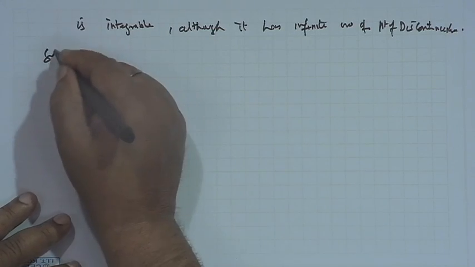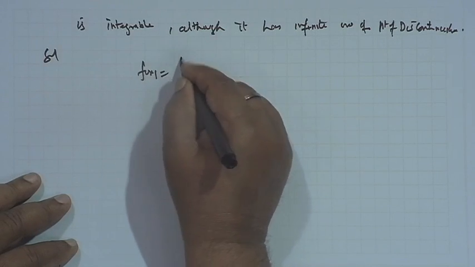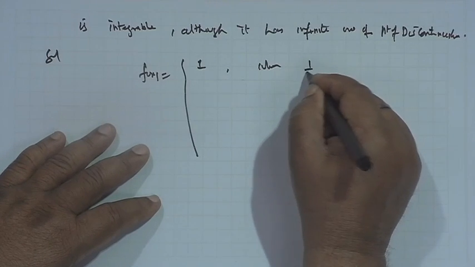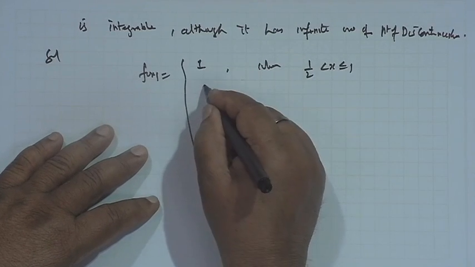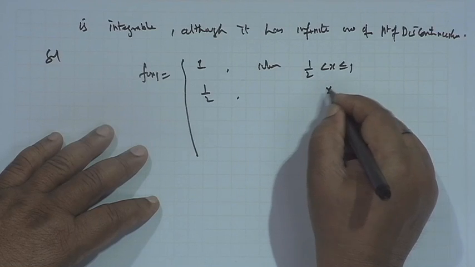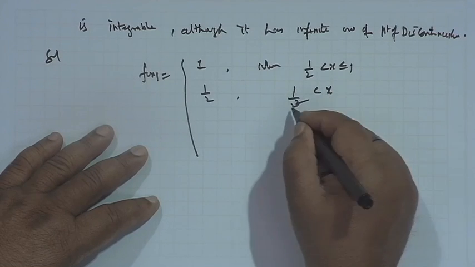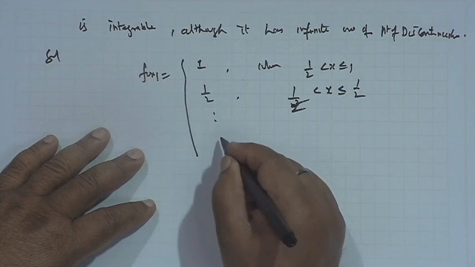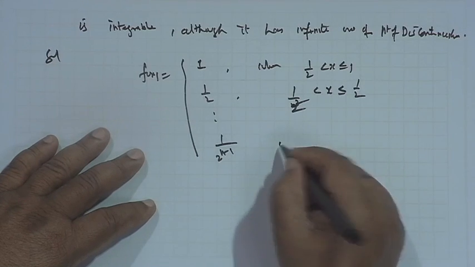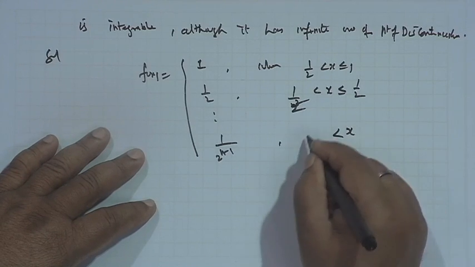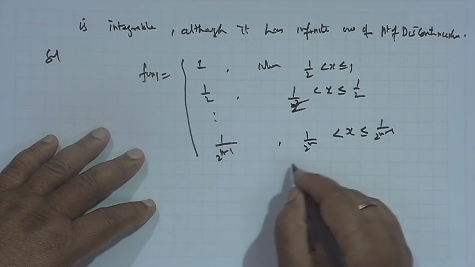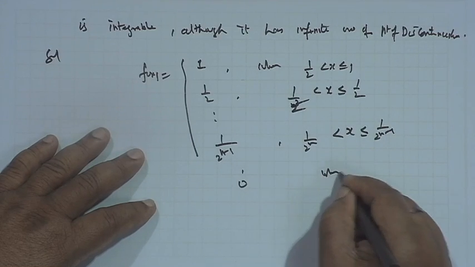The reason is this: when we open this f(x), f(x) comes to be 1 when x is lying in this interval, equal to half when x lies between 1 by 2 squared and half, and continuing, 1 by 2^{n-1} when x lies between 1 by 2^n and 1 by 2^{n-1}, and 0 when x is 0.